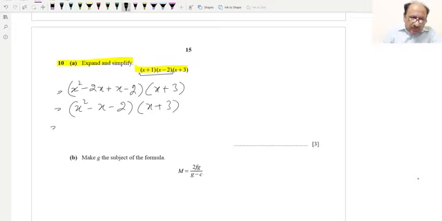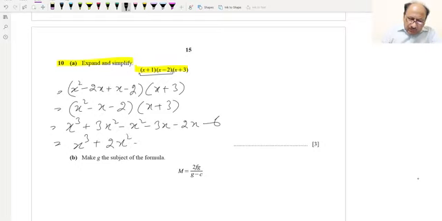Then multiplying, x squared with x results in x cubed, then 3 with x squared is plus 3x squared, then minus x with x will be minus x squared, minus x with 3 will be minus 3x, and minus 2 with x will be minus 2x, and minus 2 with 3 will be minus 6. Now adding the like terms, our answer will be x cubed plus 2x squared minus 5x minus 6, and this is a 3-mark question.